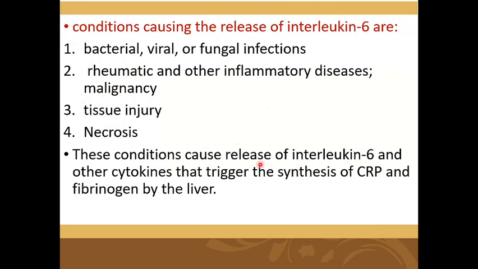तो इन्फ्लेमेशन रिलीज करती है इंटरल्यूकिन 6 को, and when the interleukin 6 which is anti-inflammatory ये जब रिलीज होते हैं, they trigger the synthesis of C-reactive protein, and when the C-reactive proteins are synthesized, then they react with the phosphocholine.